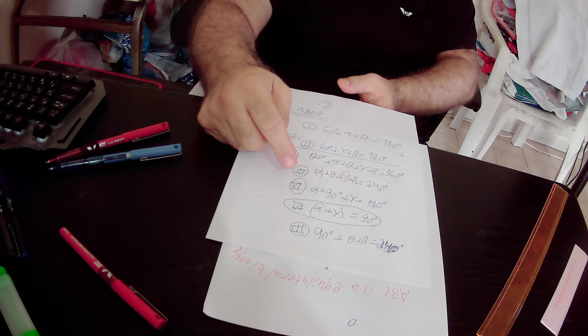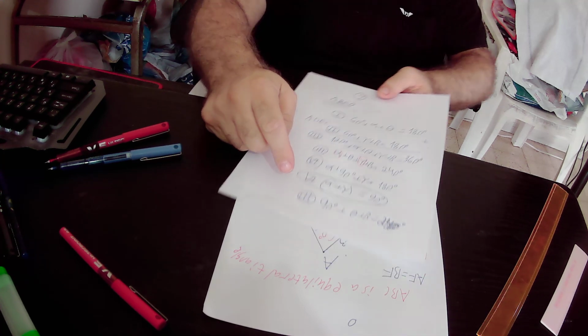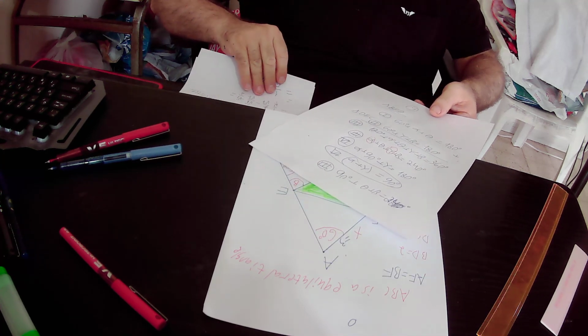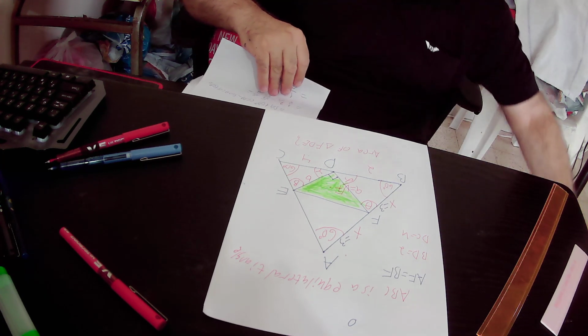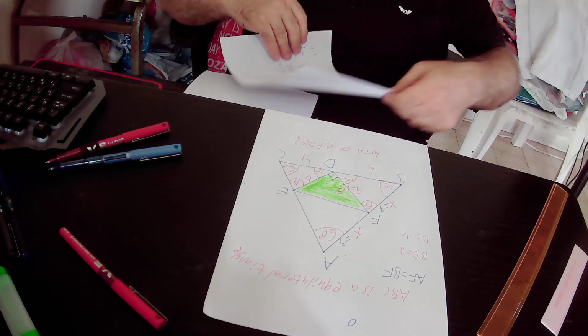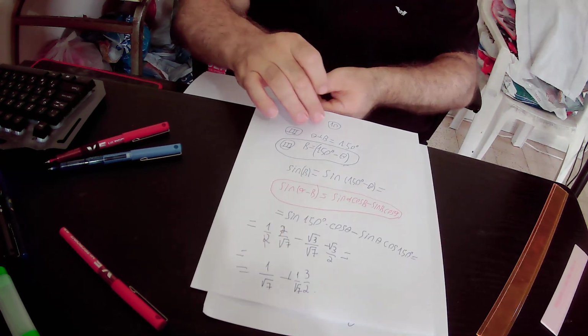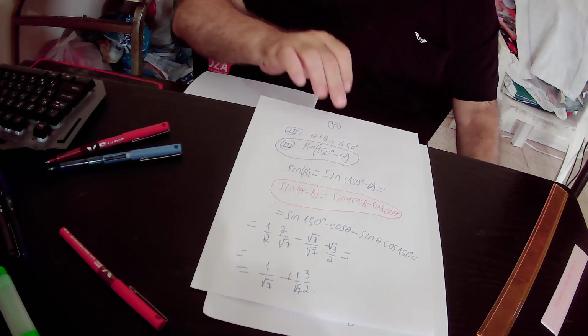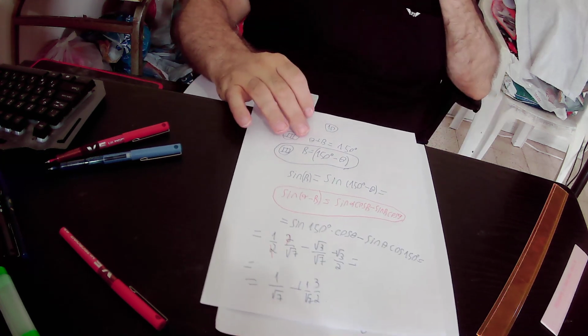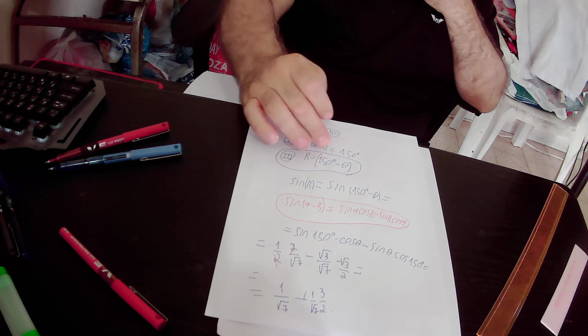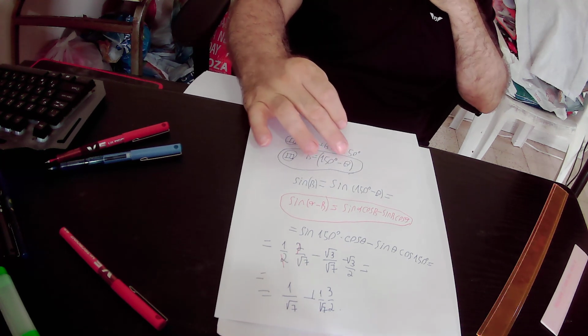And we got that theta plus beta equals 150 degrees, or beta equals 150 degrees minus theta.